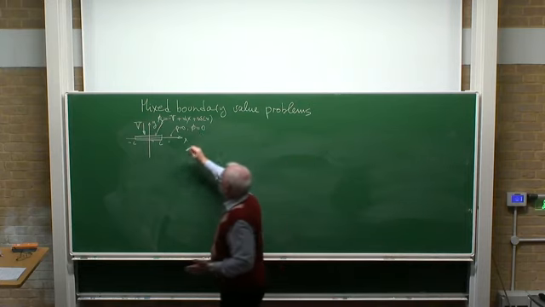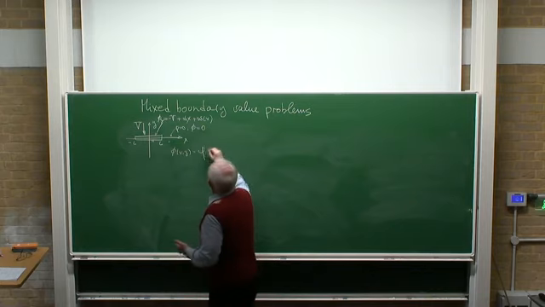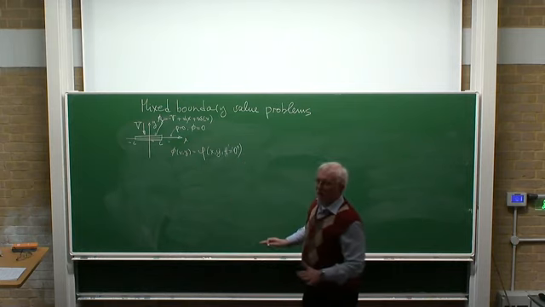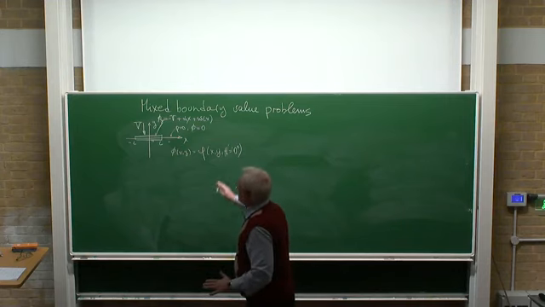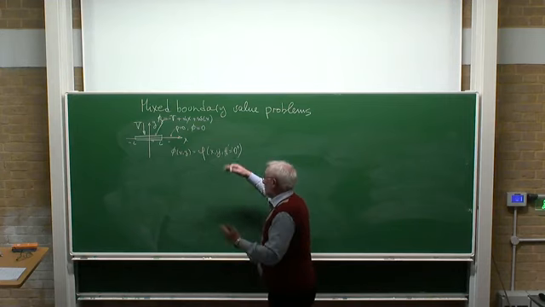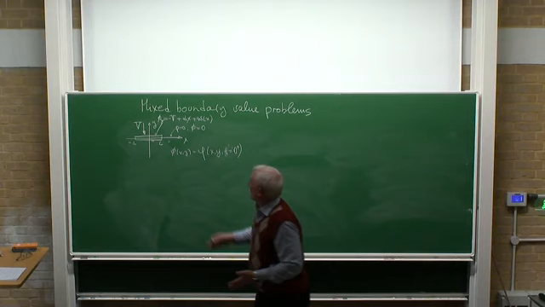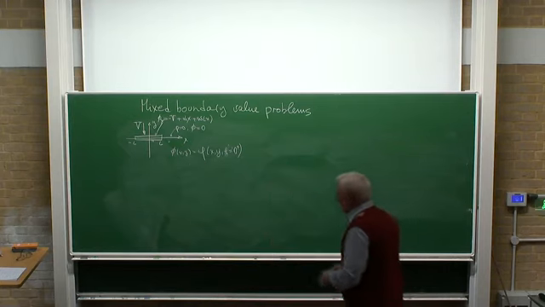The potential phi of x, y at t equal to 0, just after the impact. Because it's impact, instantly the state of the fluid changes from rest to a certain flow, and this flow is described by this problem.